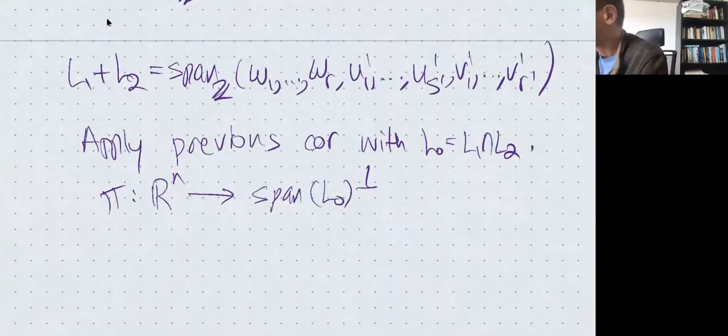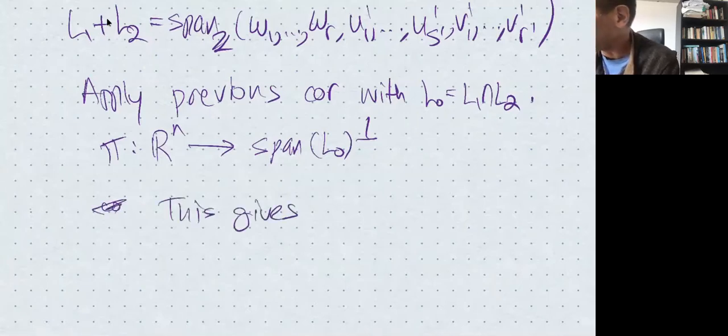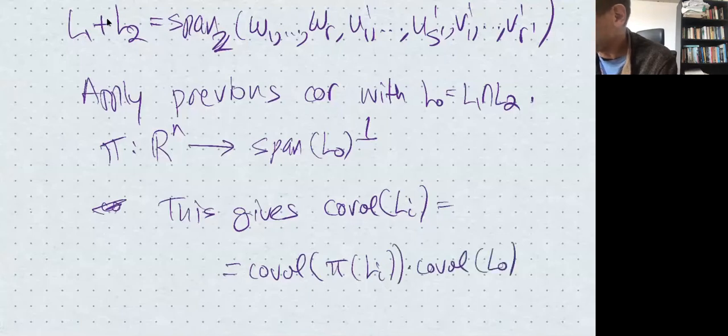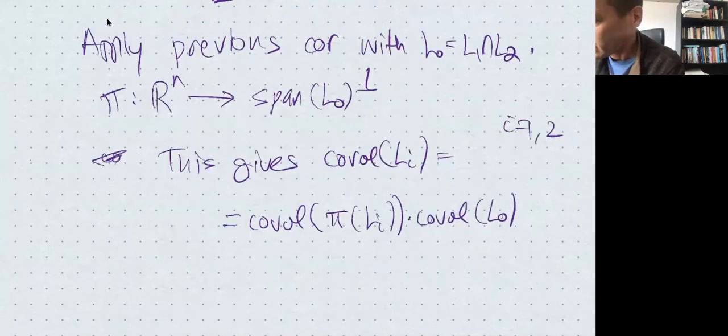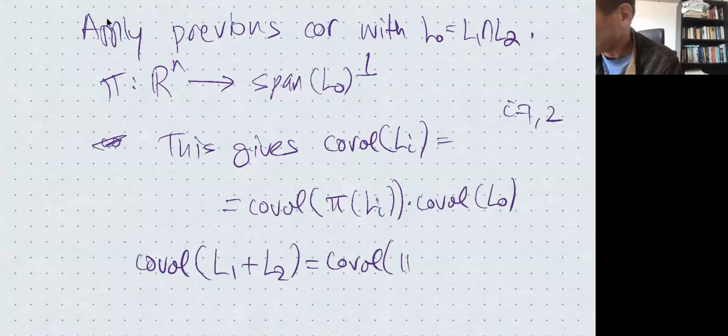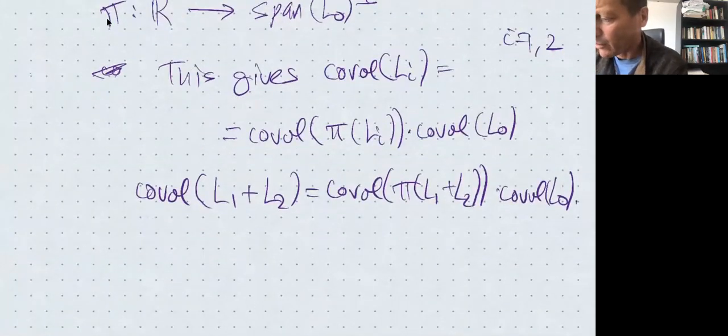And if you work out what this is saying, you see that the covolume of Li is the covolume of the projection of Li times the covolume of L0, for i equals 1 and 2, and similarly the covolume of L1 plus L2 is the covolume of pi of L1 plus L2 times the covolume of L0. And let me call what I want to prove star.